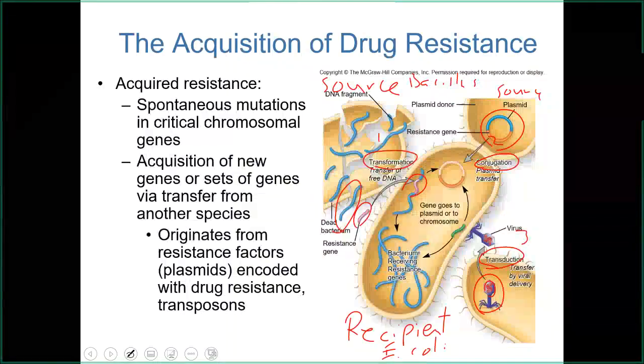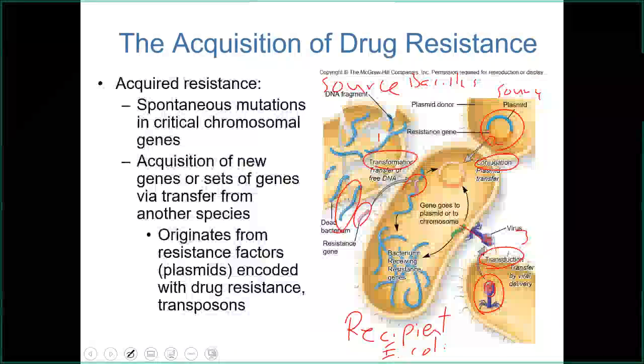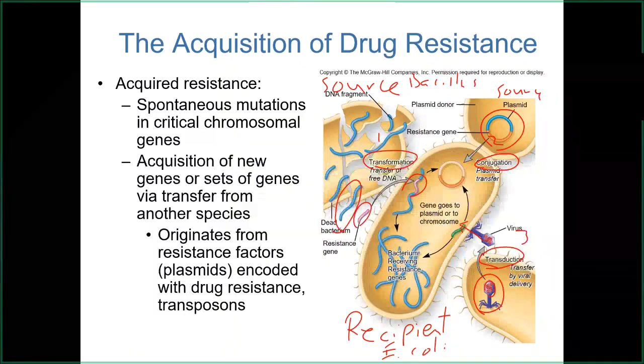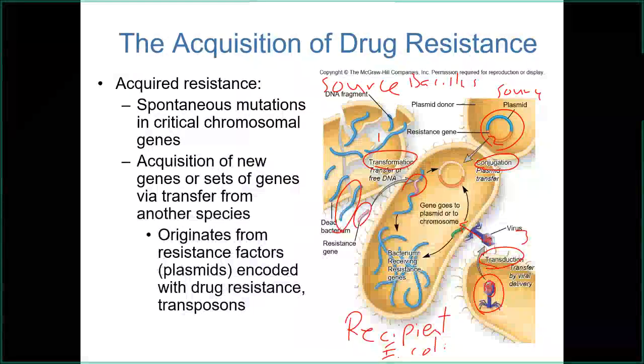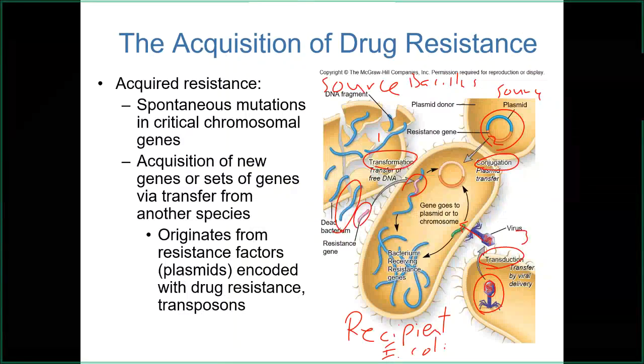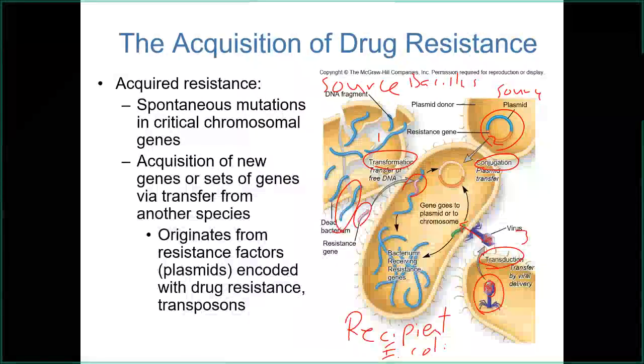resistance, and that guy then leaves the host cell and finds a new host to infect, it can shoot its genetic material containing the resistance gene in, and that now can be incorporated into the genome of the host. Because remember, bacteriophages have two cycles: the lytic cycle and the lysogenic cycle.